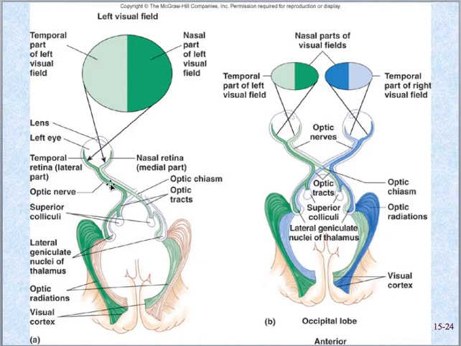And so where they project to, either ipsi or contra, depending on whether we're talking about nasal or temporal, they're going to synapse on the superior colliculi, which is part of that midbrain, or they're going to synapse onto a relay nuclei. This relay nuclei is in the thalamus, called the lateral geniculate nuclei of the thalamus.